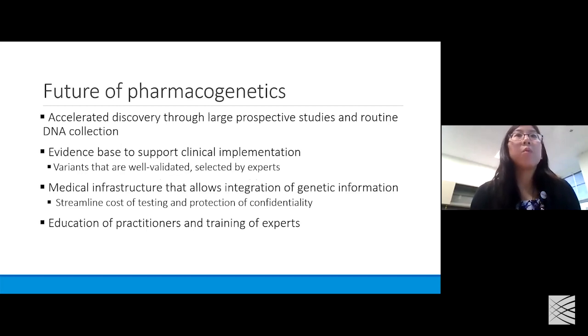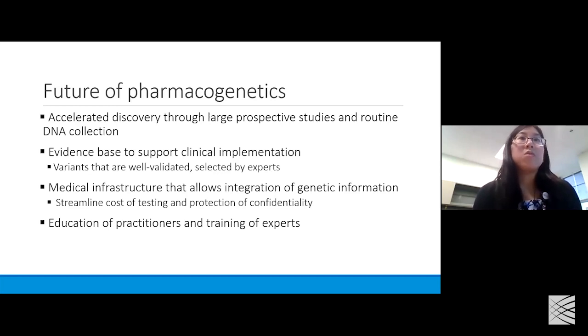So where do I see the future of pharmacogenetics? What kind of improvements or areas do we need to venture into? As I mentioned, we need large prospective studies. We need to be doing routine data collection and studies so that we can have large cohorts to measure effects and detect them.